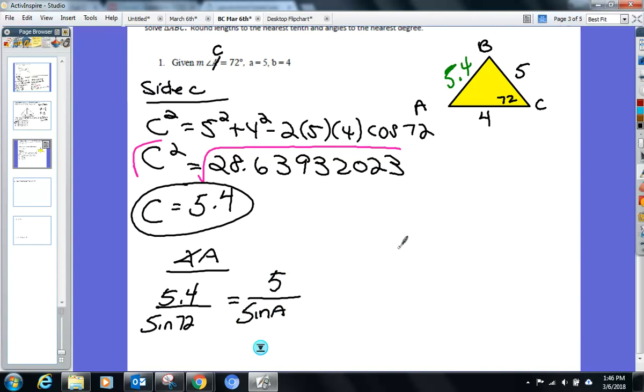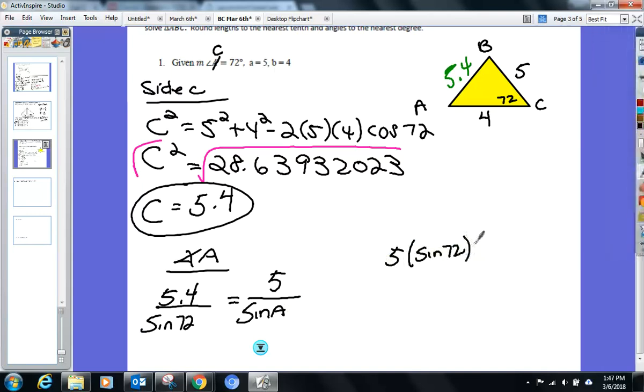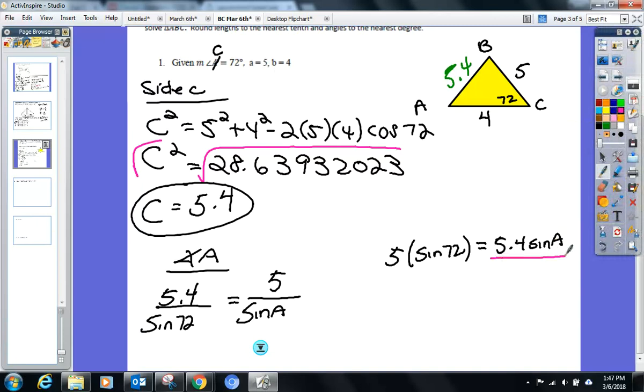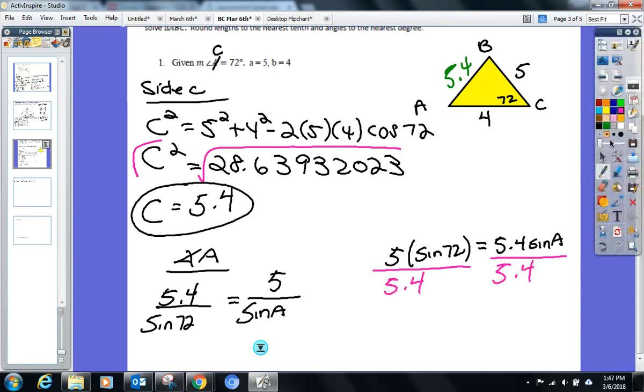Let's cross multiply. 5 times sine of 72 equals 5.4 times sine A. What do you want to divide both sides by? 5.4. And then you'll get another decimal.